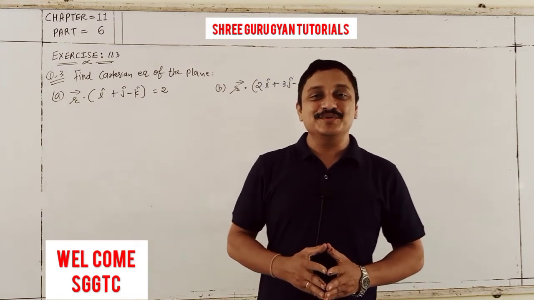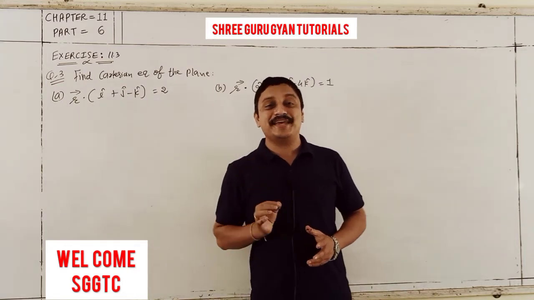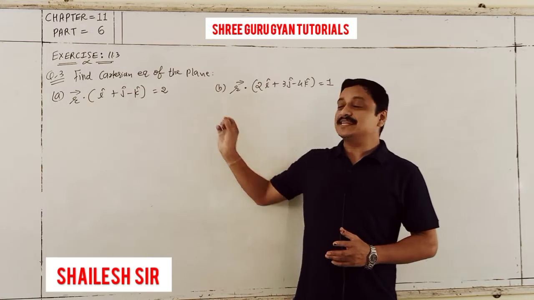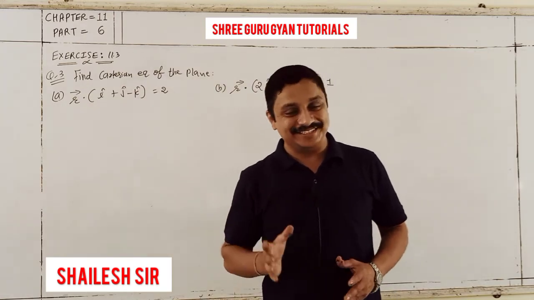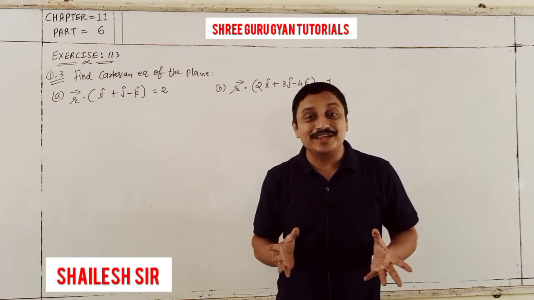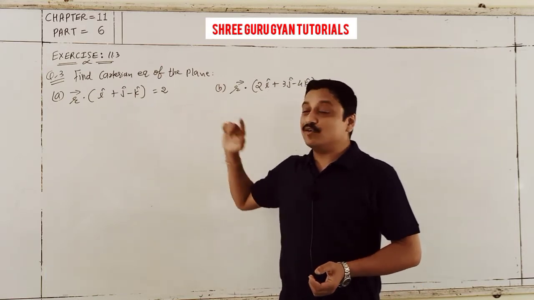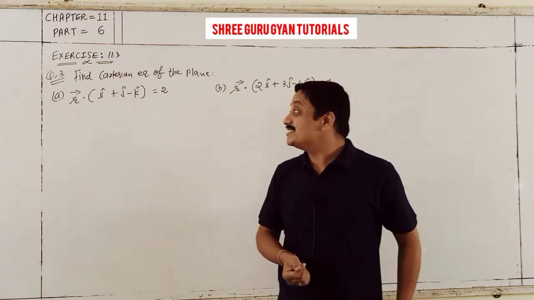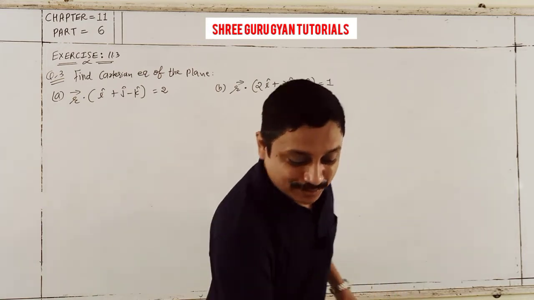Students, today I continue our plane in space, related to exercise 11.3, question number 3. Find the Cartesian equation of the plane for the following given planes. First, r dot (i plus j minus k) is equal to 2. Very easy, students.